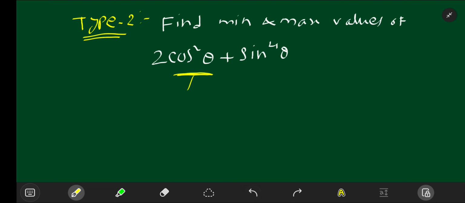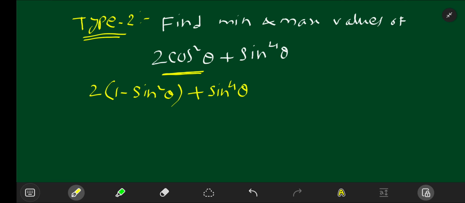So let's convert. Cos square theta can be written as 1 minus sine square theta from the first identity. So 2 cos square theta plus sine power 4 theta is 2 times (1 minus sine square theta) plus sine power 4 theta. Multiply 2 inside: 2 minus 2 sine square theta plus sine power 4 theta.